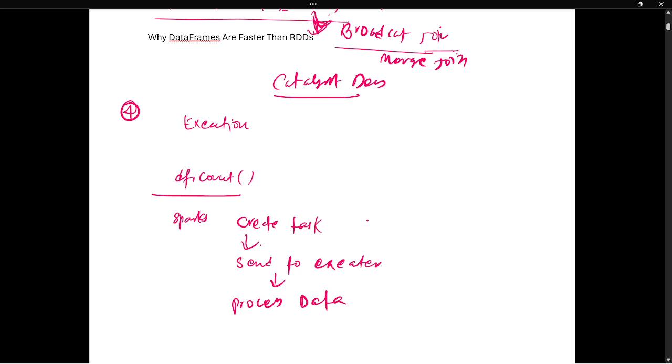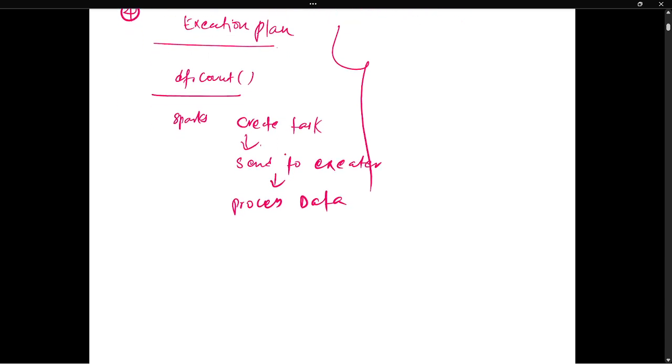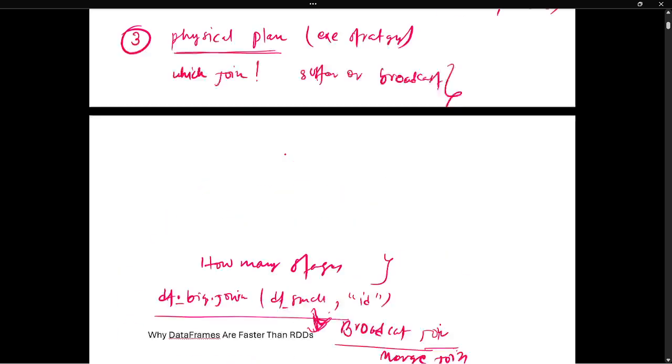So in the execution plan, it is doing the processing of your data. All this is done by the Catalyst optimizer.